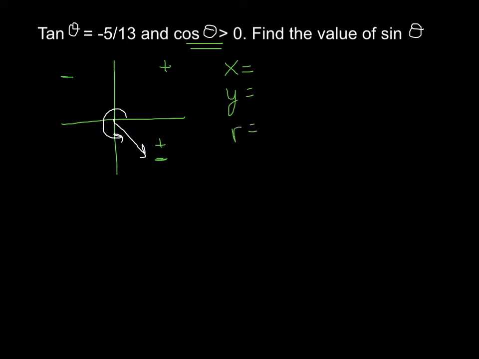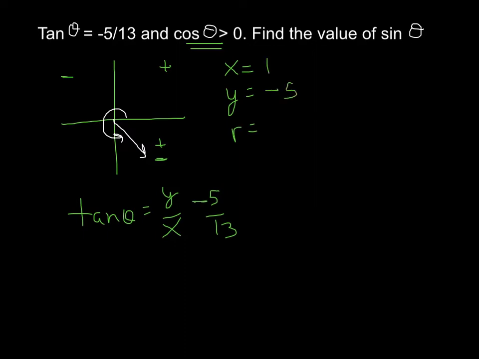Well, remember that tangent of theta is y divided by x. So I've got 5/13. It's a negative 5/13, but since I know that the angle is in the fourth quadrant, I know it's the y that has to be the negative. So I know that my y is going to be negative 5.